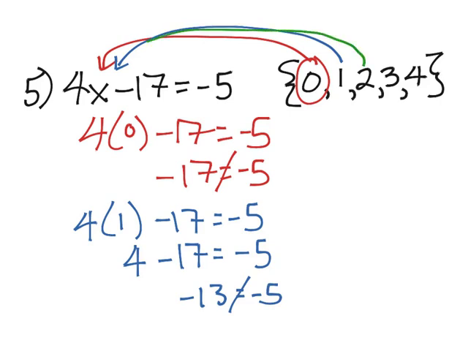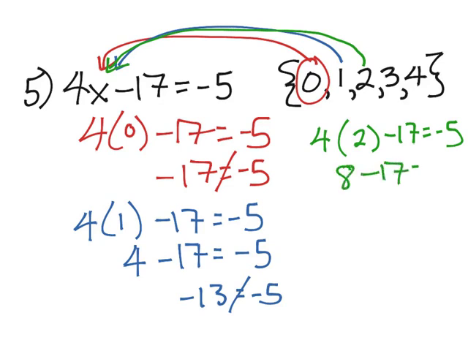So now, number 2, its time to shine. We put in 4 times 2 minus 17 equals negative 5. Maybe some of you already figured out the answer by now, but we'd have 8 minus 17 equals negative 5. We take 8 minus 17. That's going to be negative 9. That's not equal to negative 5, so we have to keep on searching. We want to look at 3, plug that baby in there.